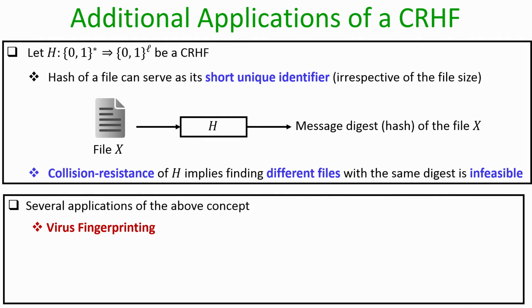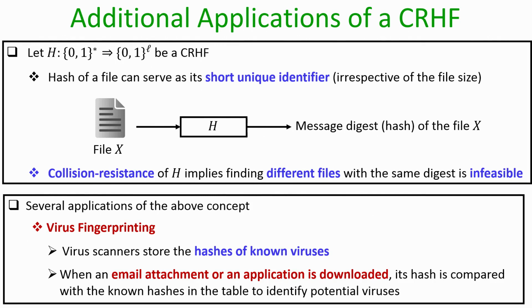The first application where we can use this idea is that of virus fingerprinting. So, what we do here is that the antivirus or virus scanner stores the hashes of known viruses in its database, and whenever we have an email attachment or we download an application, and we want to check whether it has a virus or not, the virus scanner computes the hash of the downloaded attachment or application, and then it matches the hash with the known hashes of the viruses which it has already stored in its database.